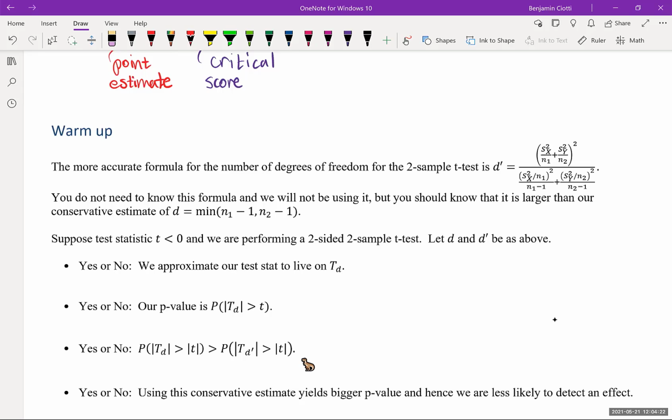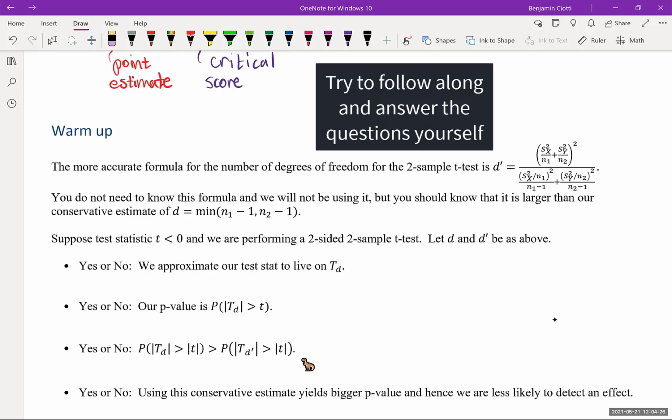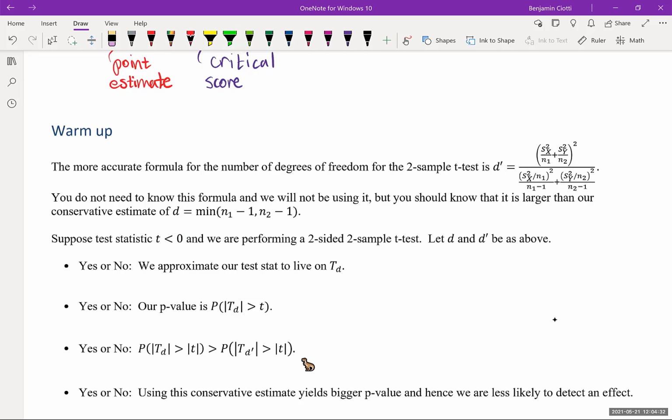So with that in mind, let's try a few yes or no questions. Suppose we have a negative test statistic and we're performing a two-sided, two-sample t-test, and D is the one that we use, the degree of freedom that we use.